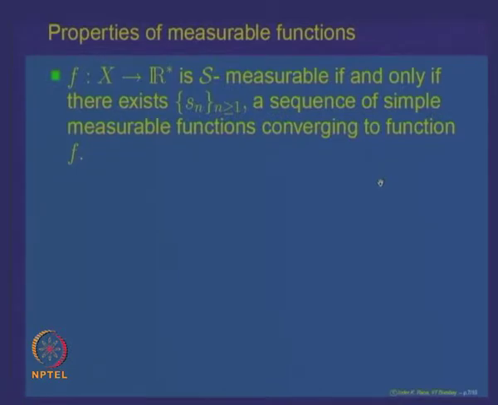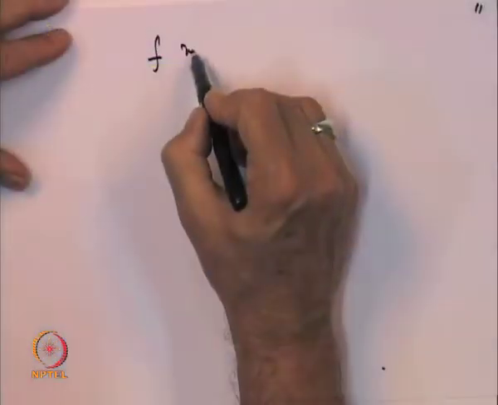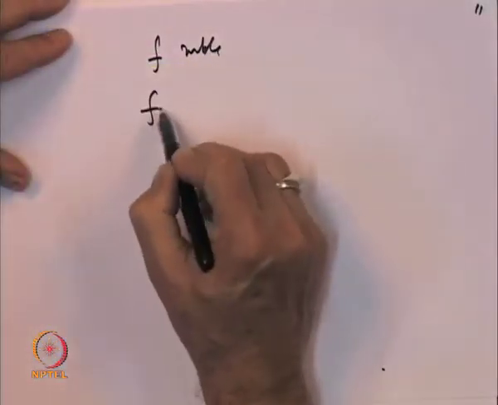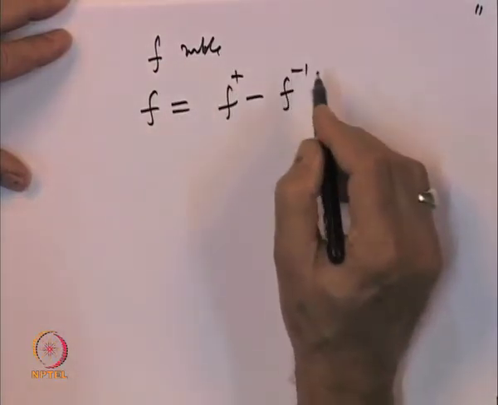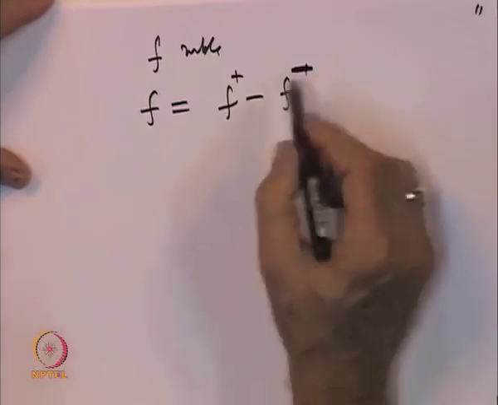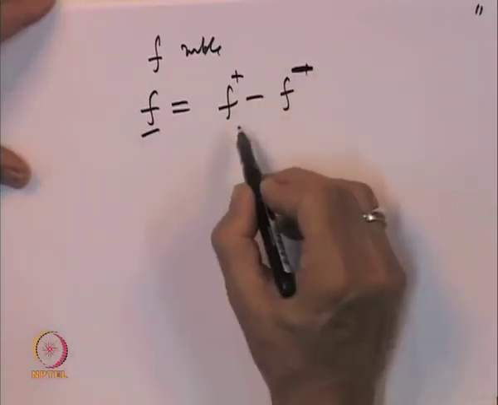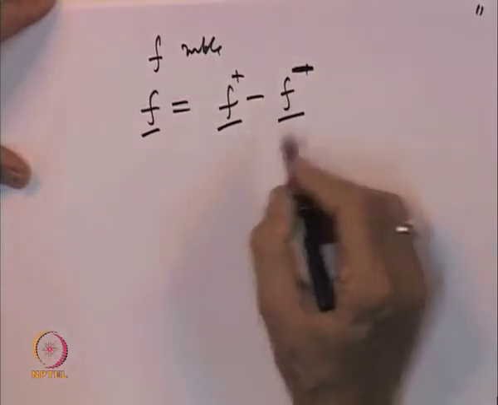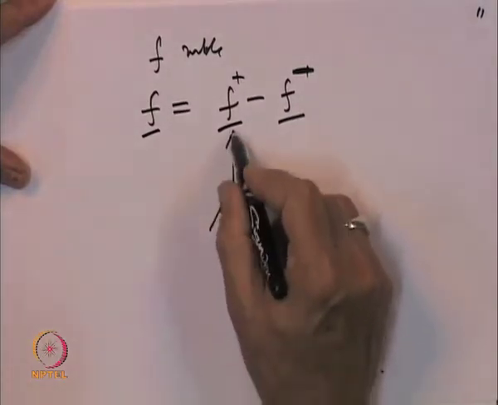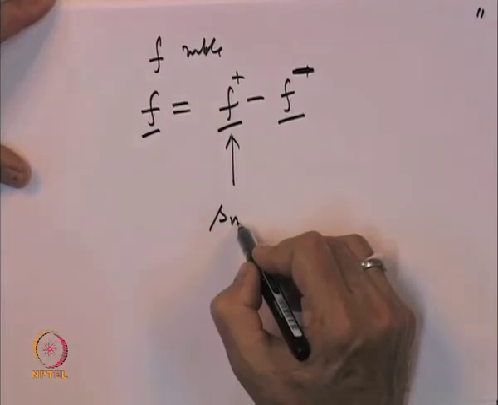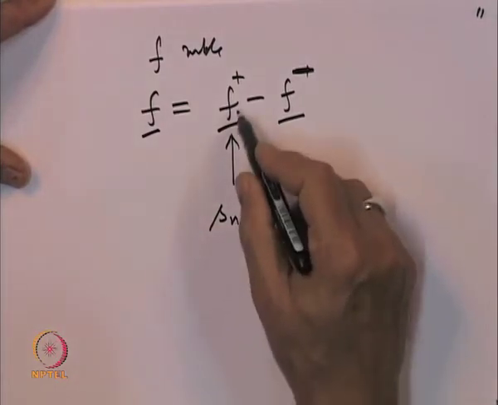So, what we are saying is, if f is measurable, then I can write f is equal to f plus minus f minus, and we just now observed f measurable implies both of them are measurable. For f plus there is a sequence S n of non-negative simple measurable functions increasing to it.